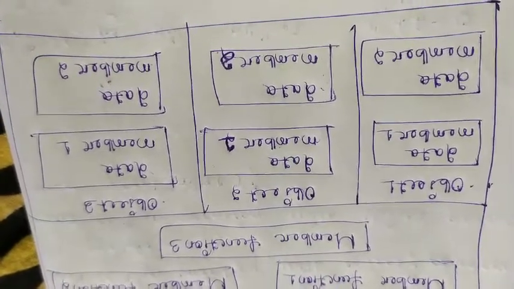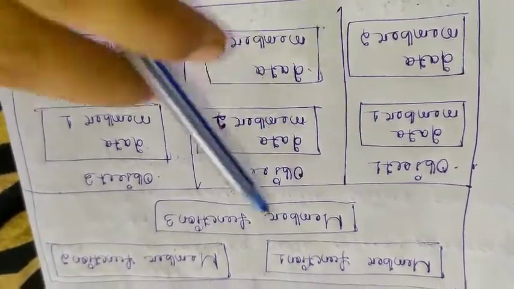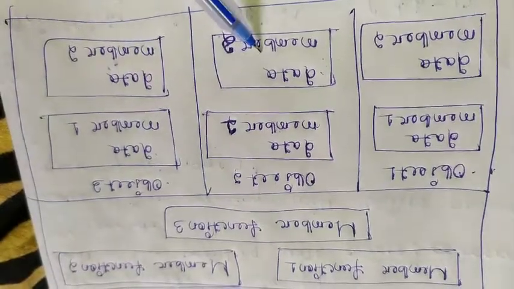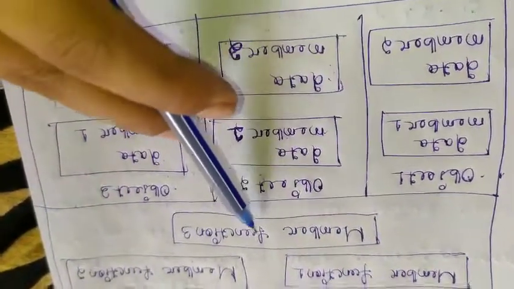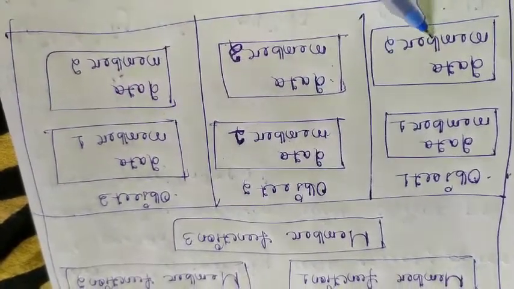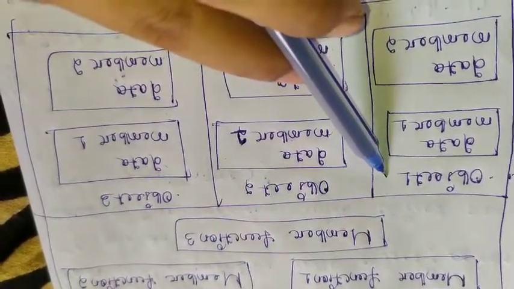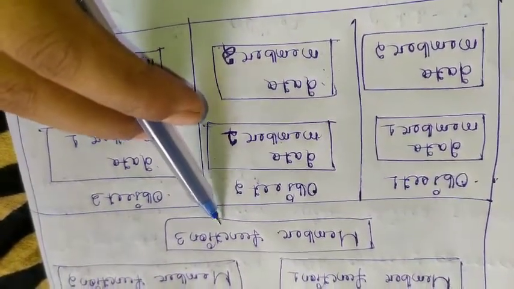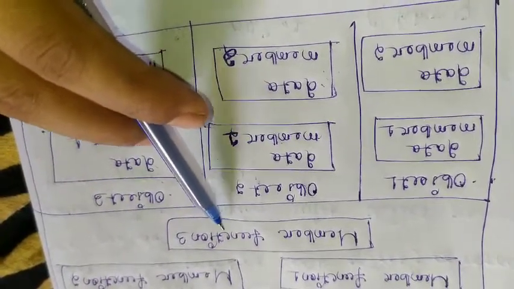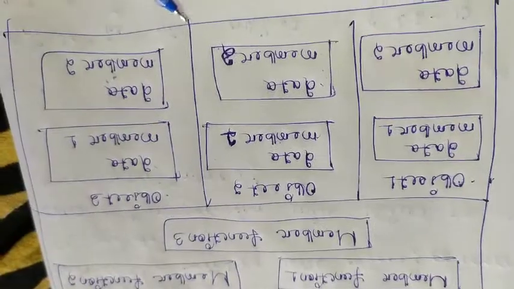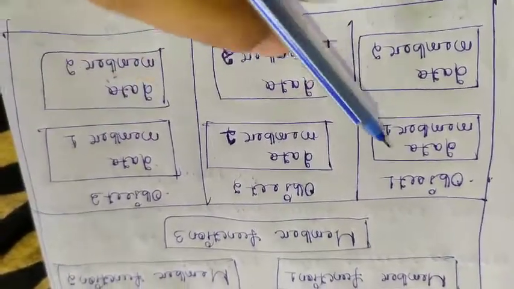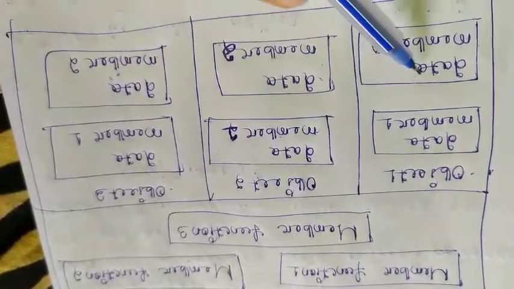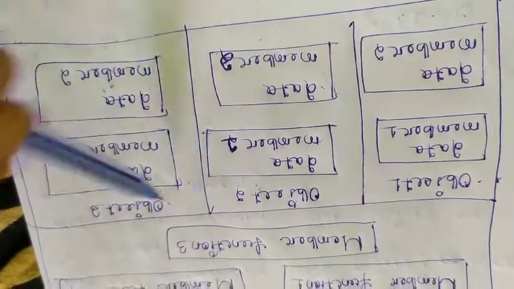For example, if member function 3 is capable of changing the value of data member 2 of object 1, how will member function 3 know that it has to change data member 2 of object 1? When we call the member function, it can change two values, data member 1 and data member 2.